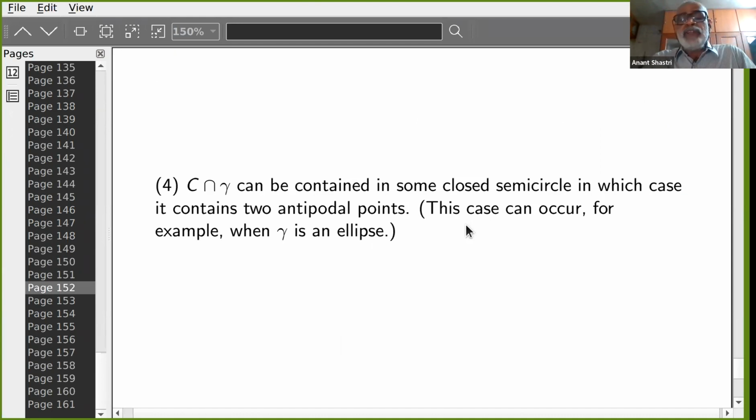This I have already told you, for example, in the case of an ellipse or slightly modified versions of an ellipse. Such things are possible. So these are the observations.